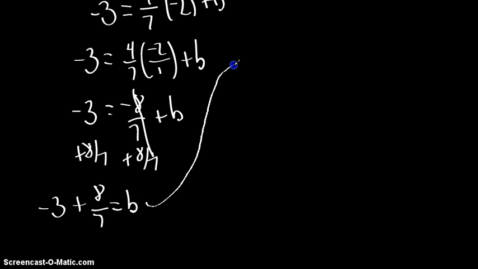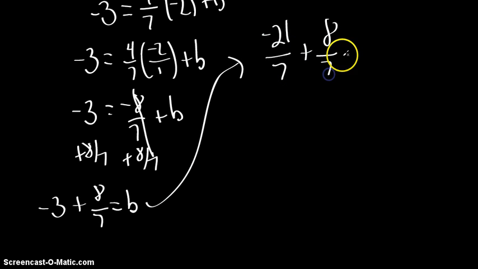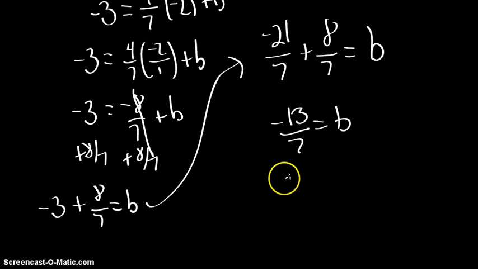So now when I do that up here, I need to get a common denominator, which is going to be 7. I get -21/7 plus 8/7 equals b. -21 plus 8 is -13/7 equals b.